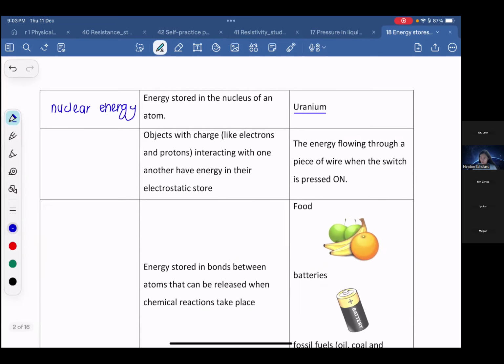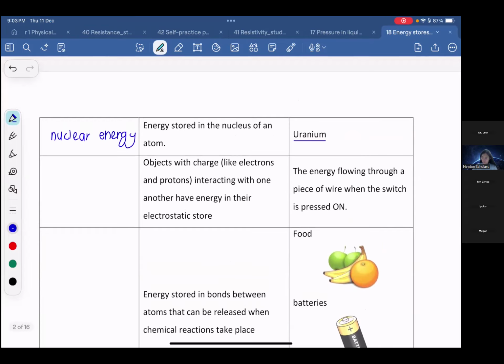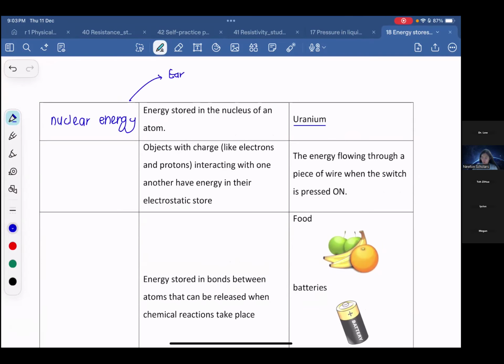On our Earth, the nuclear reaction that happens is called nuclear fission. Nuclear fission actually is the splitting of the atom.